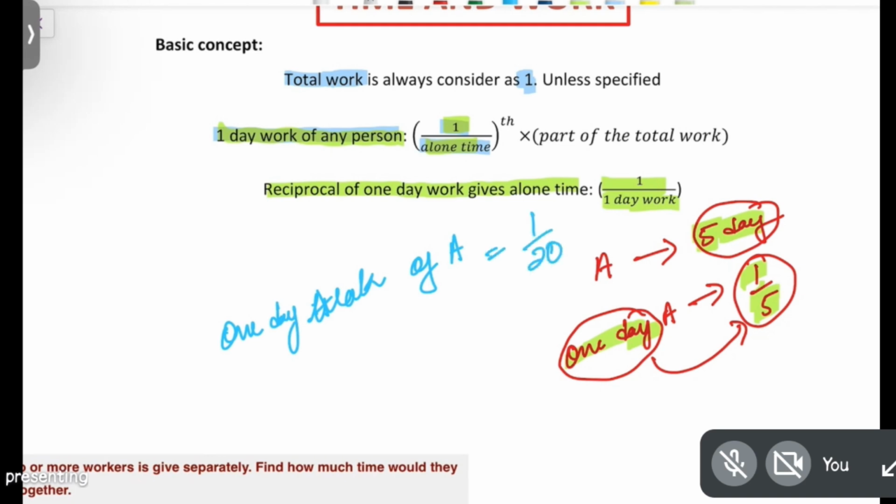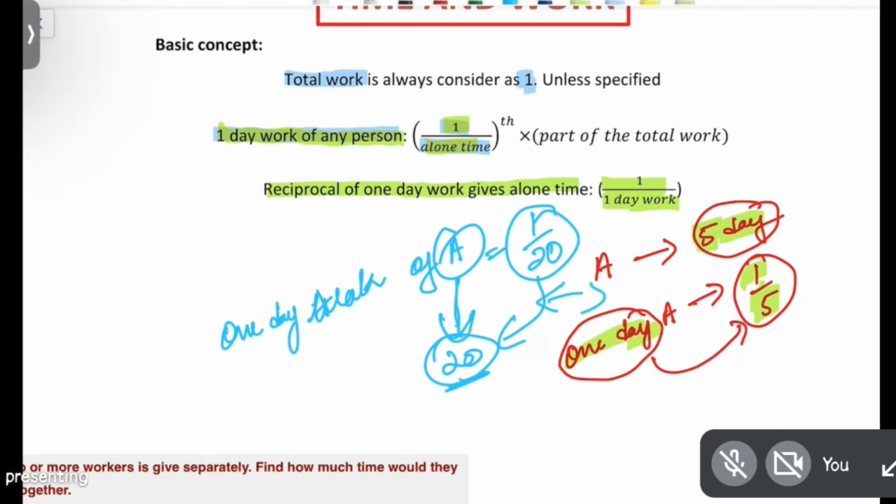Then this simply means that A can complete that work in 20 days. The reciprocal of this will give you the total number of days required by A to finish that work. So these two are opposite to each other. First, if A can complete a work in 5 days, then 1 day work is 1/5. And the other way, if in 1 day A can do 1/20 of the work, then in 20 days A can finish that work. So that's a concept that you need to keep in mind.